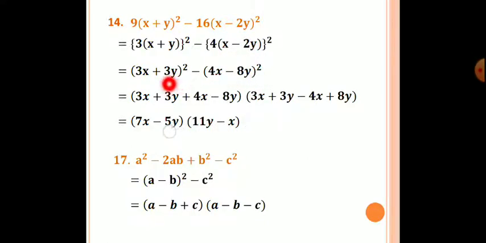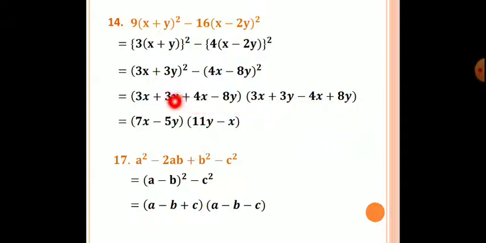Now it is in the form of a square minus b square. So let us write the formula a plus b. So 3x plus 3y plus 4x minus 8y. Again a minus b, so a is 3x plus 3y minus, then write this term, so minus 4x minus minus, plus 8y.